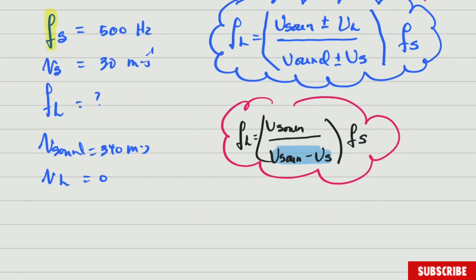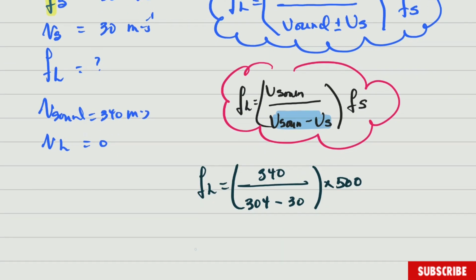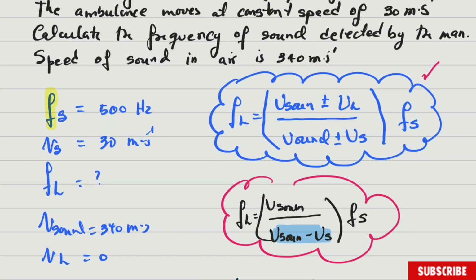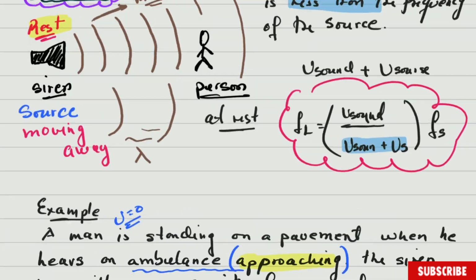This is what we do. Now the rest is just substituting. So now you substitute everything you have, and it's going to be like this. Then the answer is 550 Hz. This is just a simple example. The questions could be a little bit more tricky than this, but this is all for now.